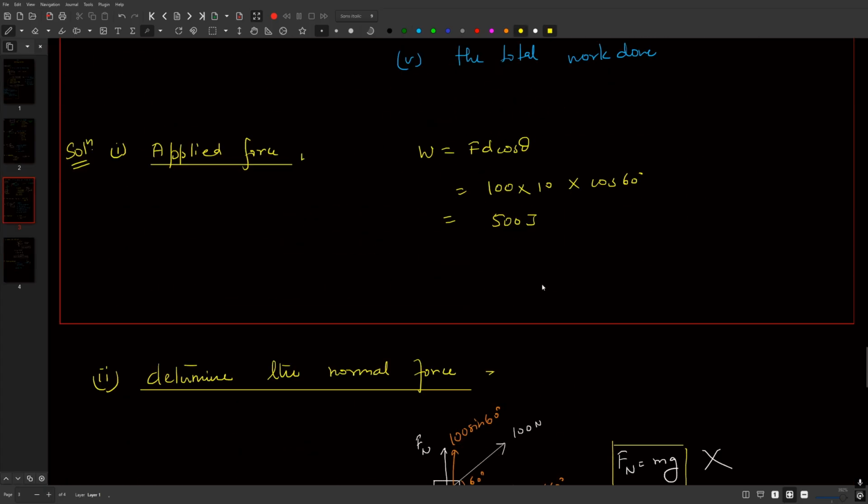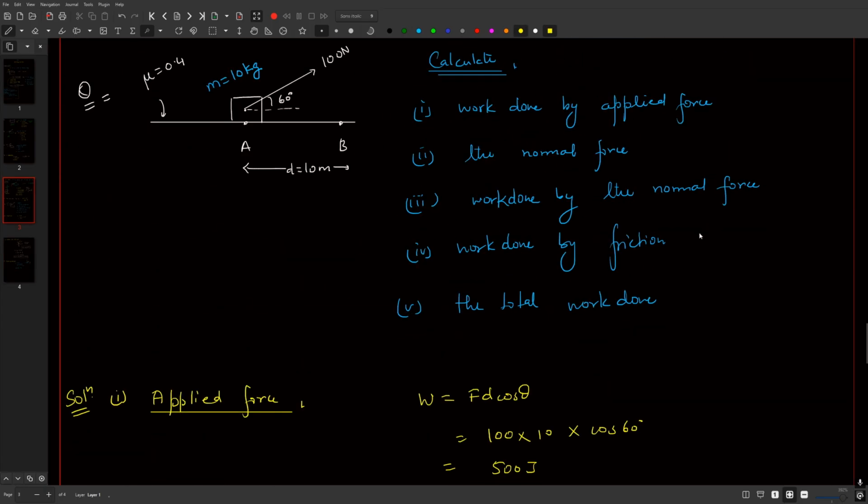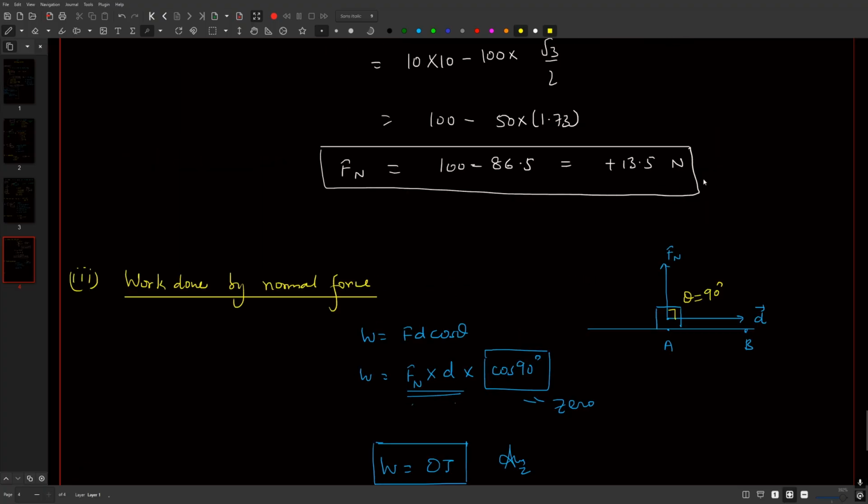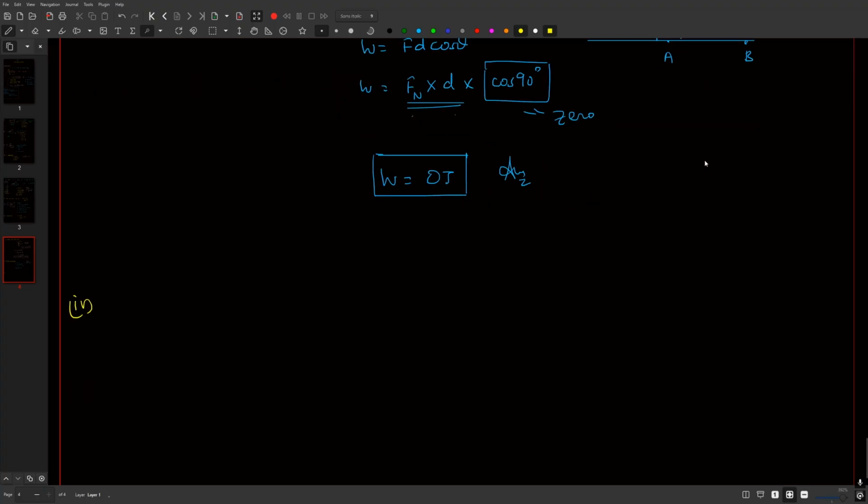Next part of the question is asking us to calculate the work done by friction. Again, here things have changed compared to the previous problem because the normal force is different. The normal force is no longer equal to mg. We will need the new value of the normal force which we have calculated here.